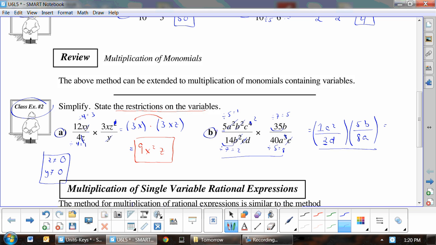So 8. So as our final answer, we get 5 BC squared over 16 AD. Okay, there.